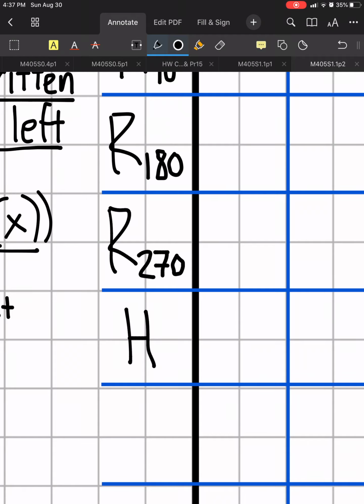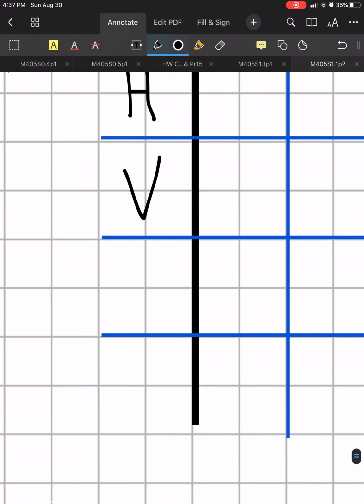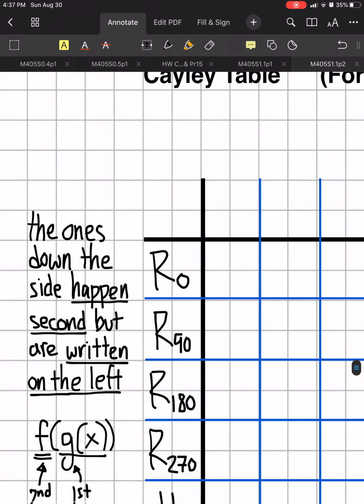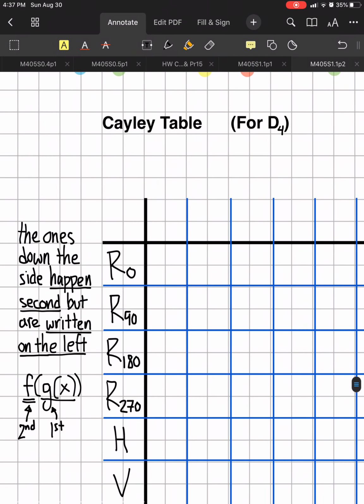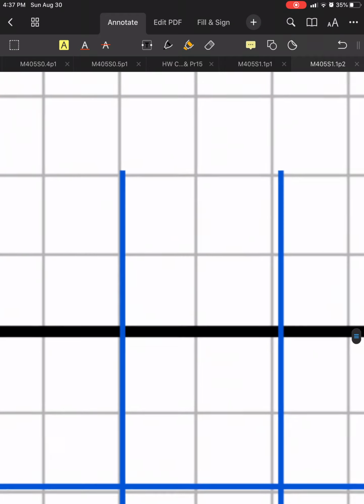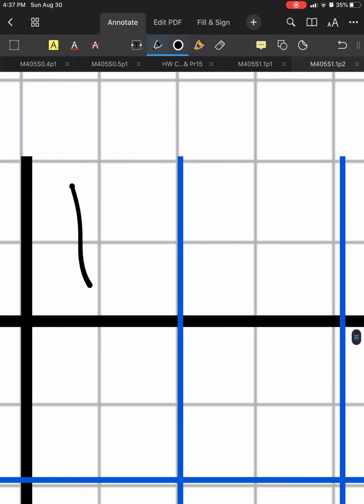H, V, D, D prime. And I said there's a couple things awkward. First, the ones on the side are the ones that happen second, but they're written on the left.